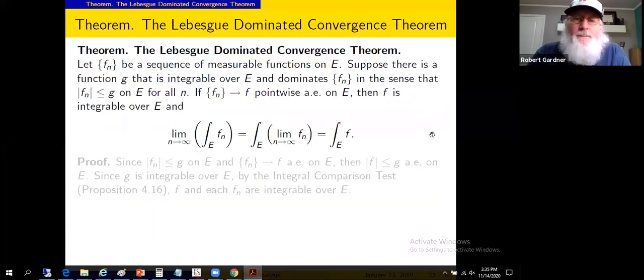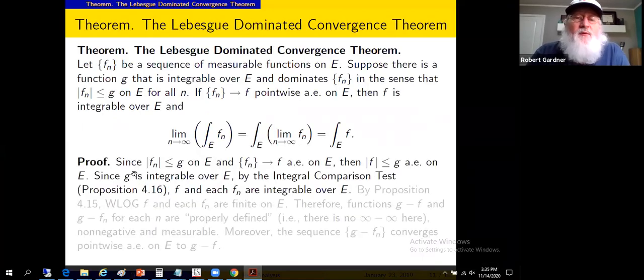Okay. We've hypothesized the absolute value of f sub n is less than or equal to g on this set, and that we get the pointwise convergence of the f sub n's to function f, well, almost everywhere on set E. So it must be that the limit function also is less than or equal to g almost everywhere on set E. Apply this bound pointwise, if you like, almost everywhere pointwise.